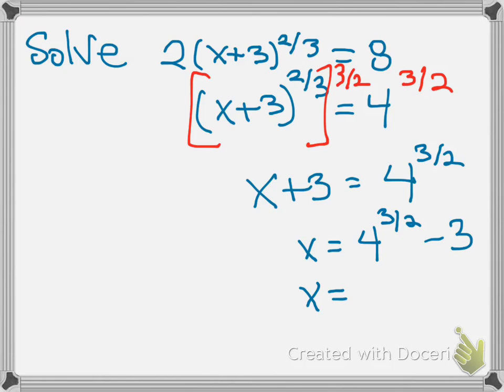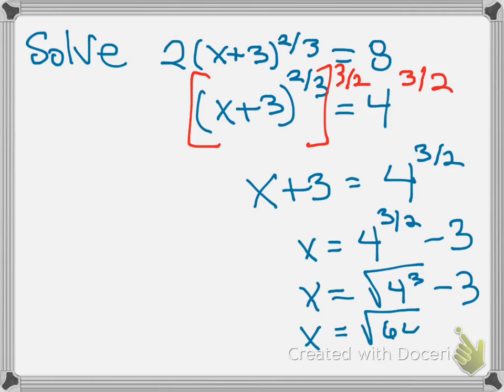Based on what we talked about in section 6.4, we know that anytime we have an exponential expression whose exponent has a denominator of 2, then that means we're taking a square root. So this is really the square root of 4 cubed minus 3. 4 cubed, hopefully we know that by now, is 4 times 4 times 4, that's 64.